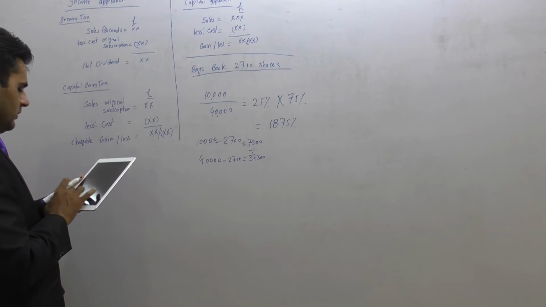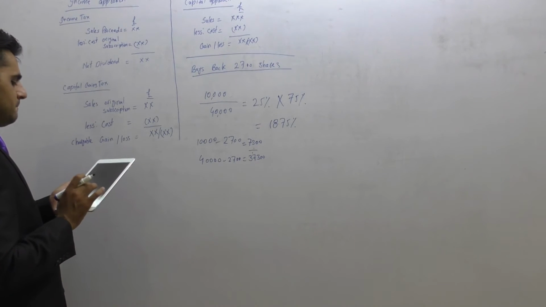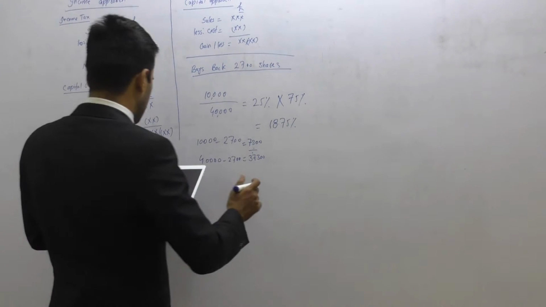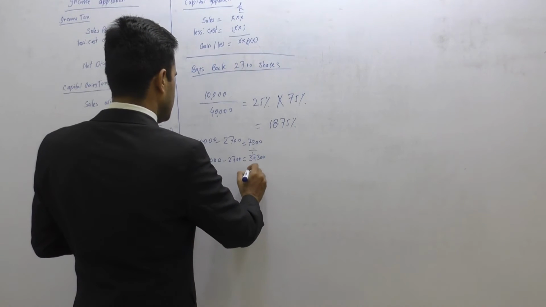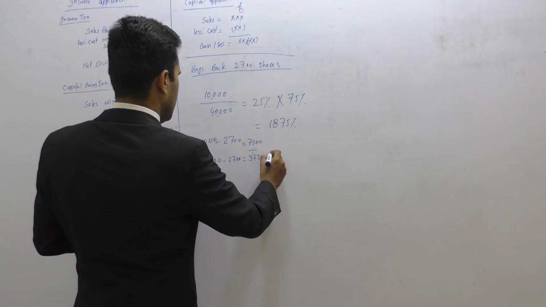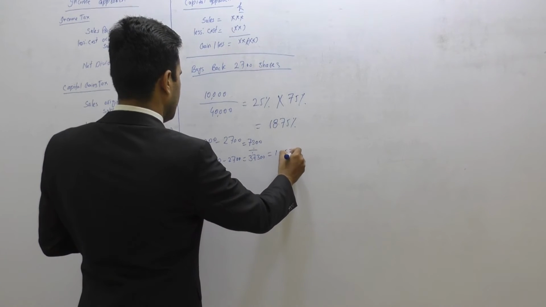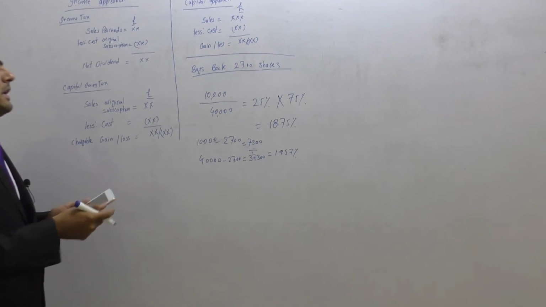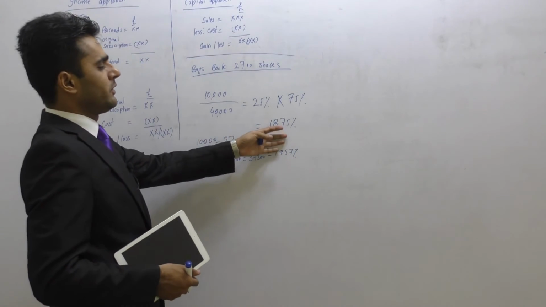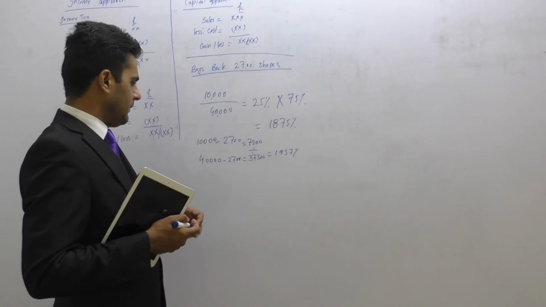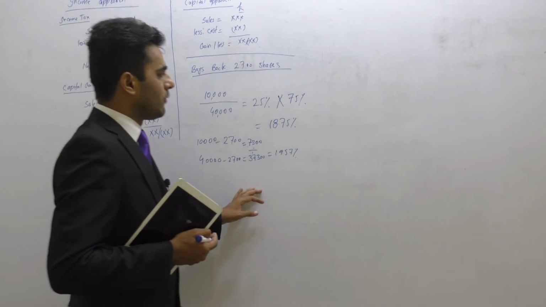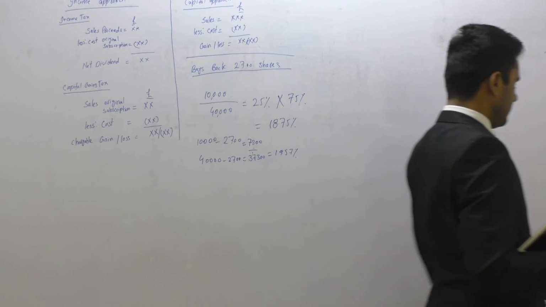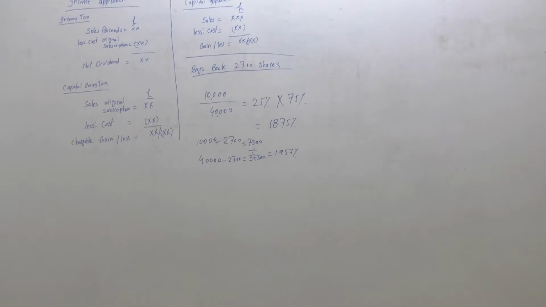Her current shareholding is 19.57%, which means it is not reduced to 18.75%, it is more than 18.75%. Hence the capital treatment would not apply when she sells back the 2,700 shares.